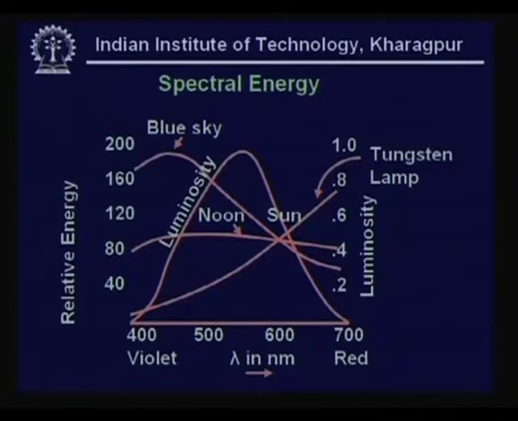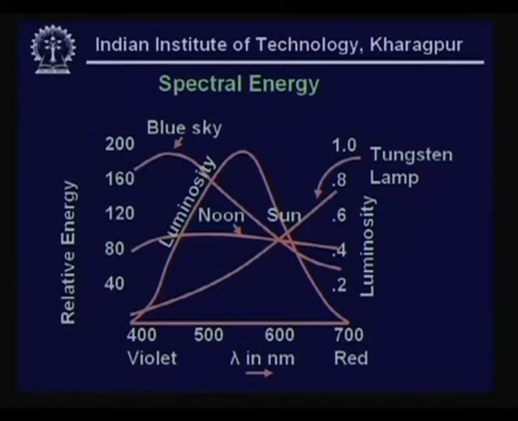What you can see in this figure is, as in all the figures, we draw the wavelength of the radiant light along the x-axis. There are about 4 curves. The first curve is to do with the energy content due to the noon sun.